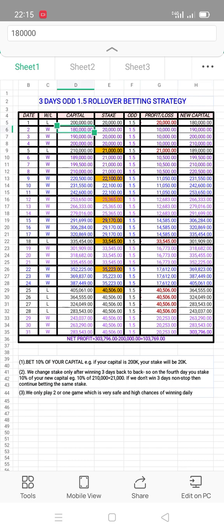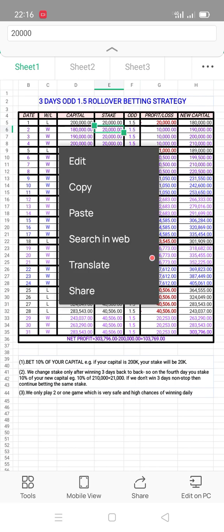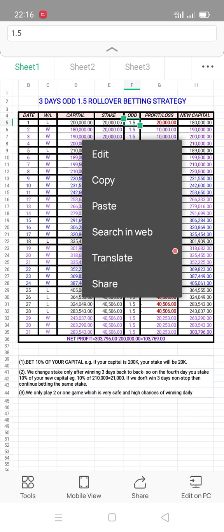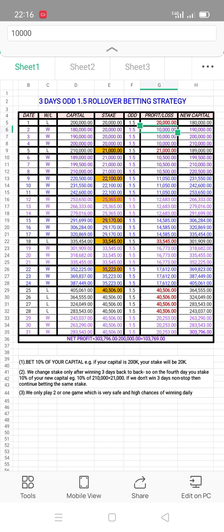So we went on to day 2. Because we lost, we continue playing the same stake that we had got, which was 20,000. So on day 2 here, our capital was 180,000. We pulled out 20,000 again and placed it on our odd of 1.5.